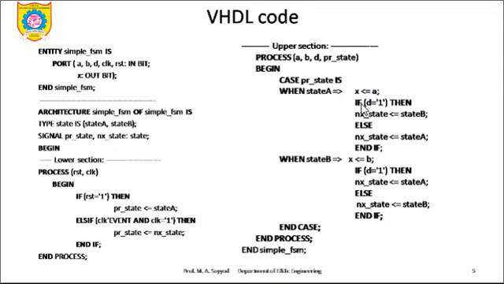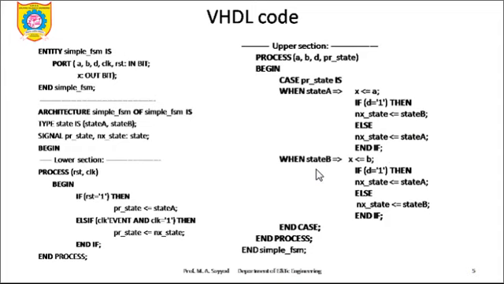Now, depending upon the value of D, your next state will be either state A or state B. If D is equal to 1, then your next state is state B. Else you are in the same state, that is state A, end if.